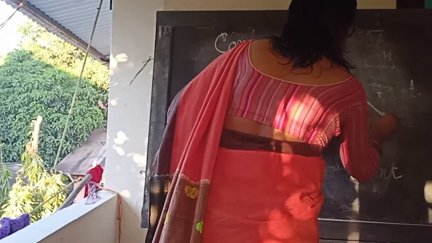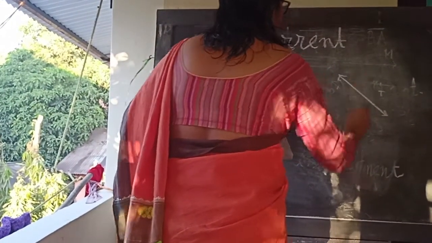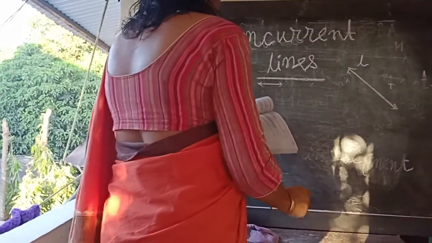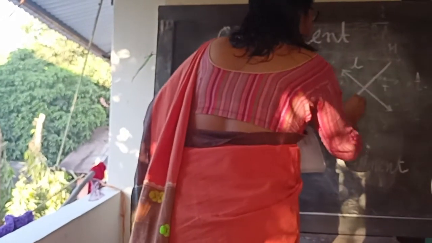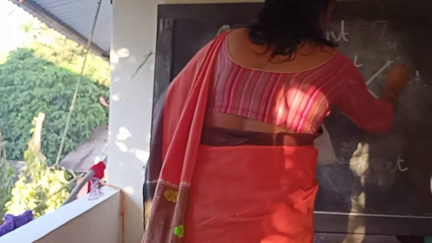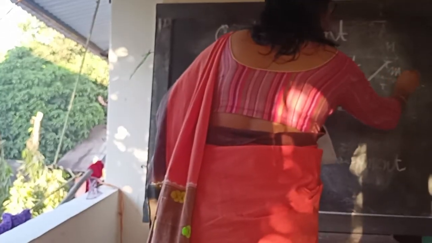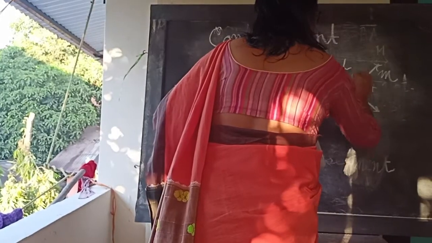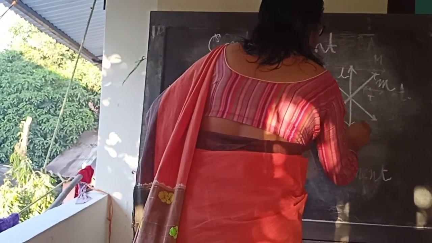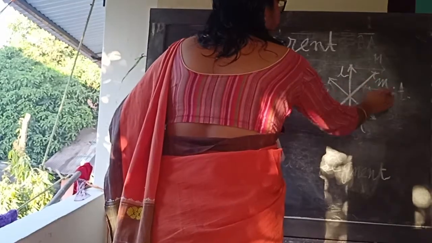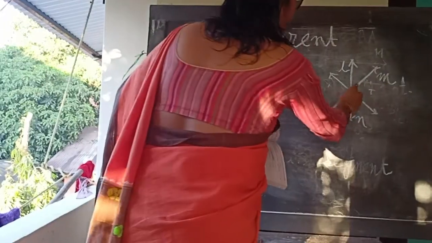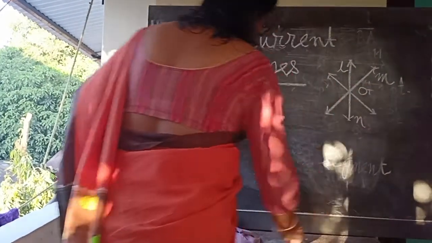If three or more lines, suppose this is a line. Okay? To represent a line, we can write a small letter also, like m. m is a line. This is suppose l, m, and suppose this is n. l, m, n are three lines and they pass through the point O. Okay?